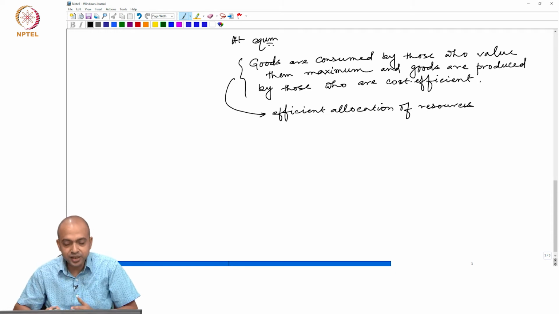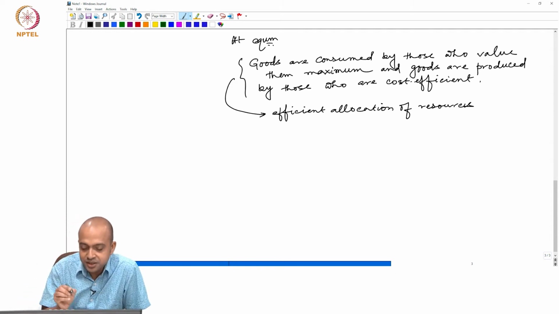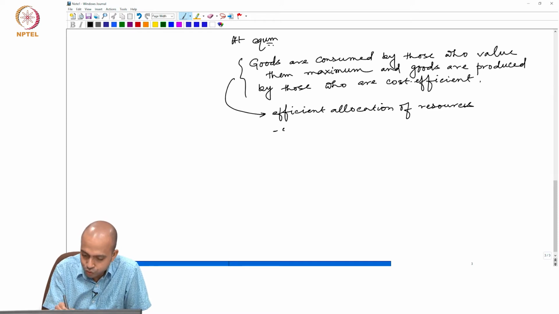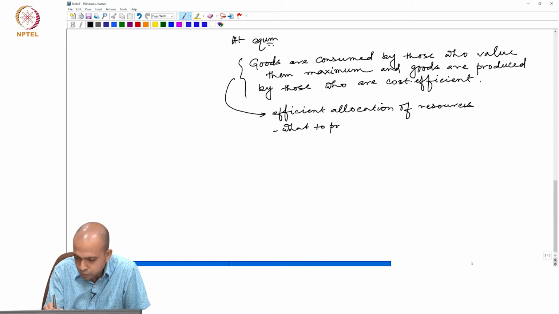So, that means basically the market is deciding about three things: what to produce, how much to produce, and who will buy them.